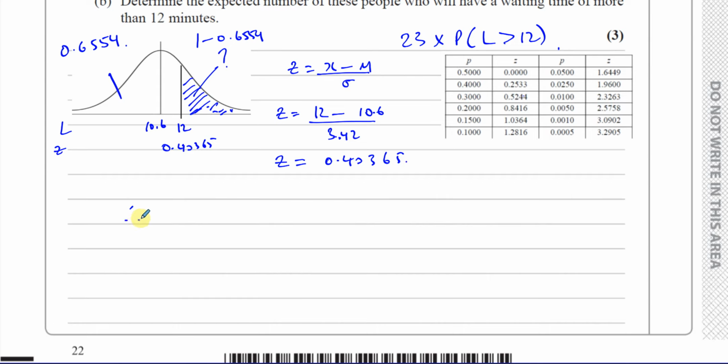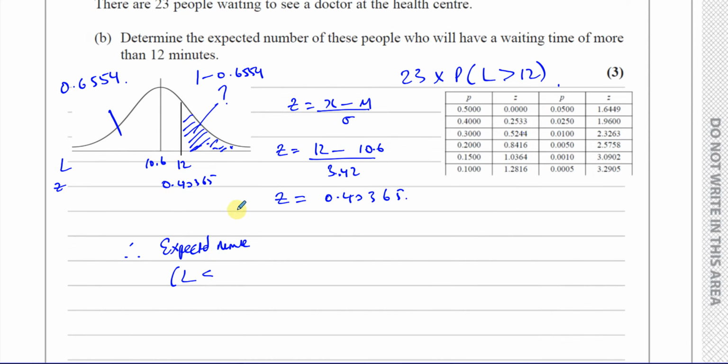Therefore, the expected number of people whose waiting time is more than 12 minutes is going to be this area, which is 1 minus 0.6554 multiplied by the total number in the survey, which is 23, and that should give us our answer.